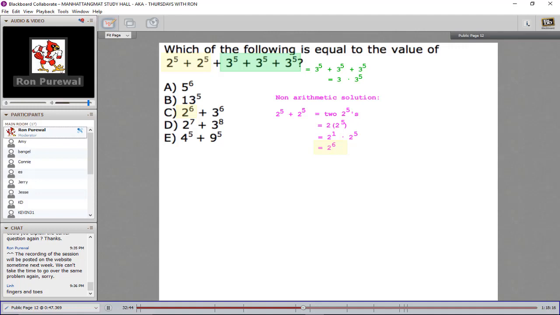And so that's the same thing as 3 to the 1st times 3 to the 5th. And so that's 3 to the 6th. But the thing is that you don't have to do this. In this problem, you can also just do arithmetic.